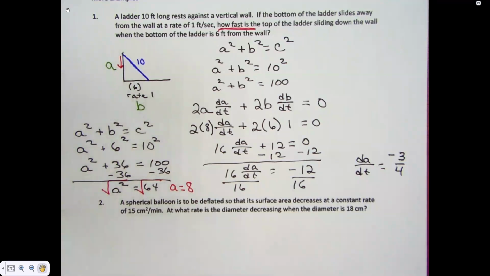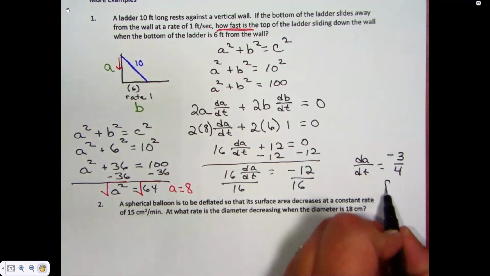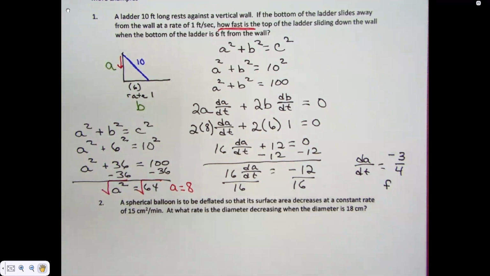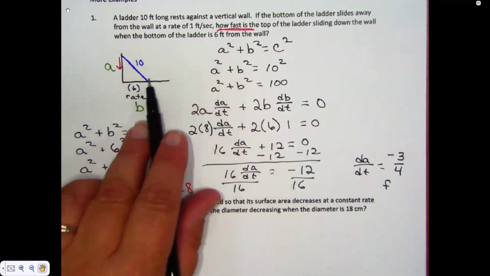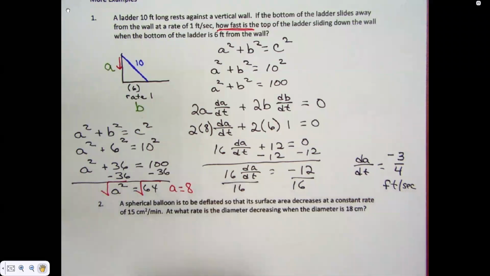So the negative is more than okay, just showing you that it's going down. Remember, velocity is kind of like speed with direction. So don't let that bother you at all. And then it's feet per second. If the rate of this is feet per second, the other rate has to be feet per second. So that was a little interesting twist there.